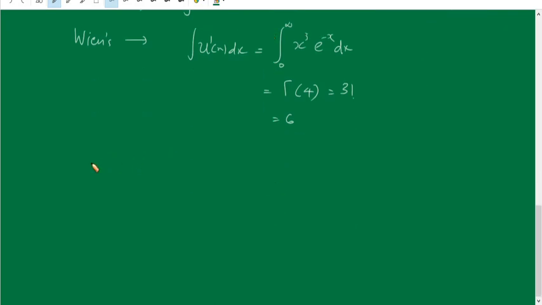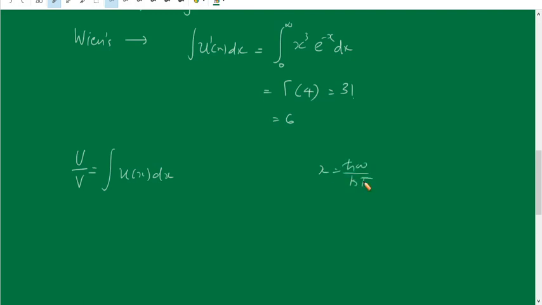Now the total energy density of the cavity is given by U divided by V, which is equal to the integral of u of x dx. So u of x dx is the energy density as a function of the dimensionless quantity x. x is equal to h cross omega divided by kT.